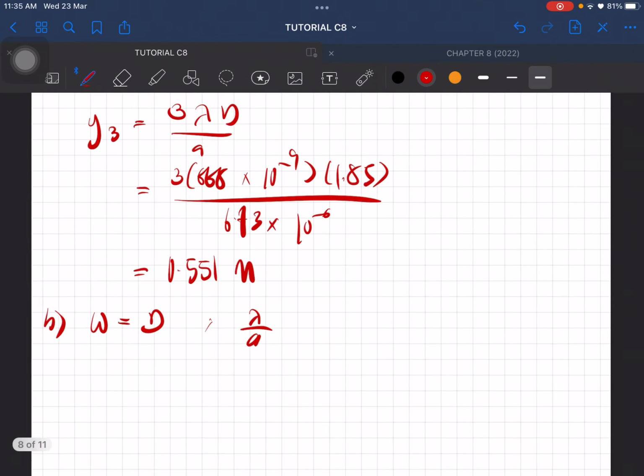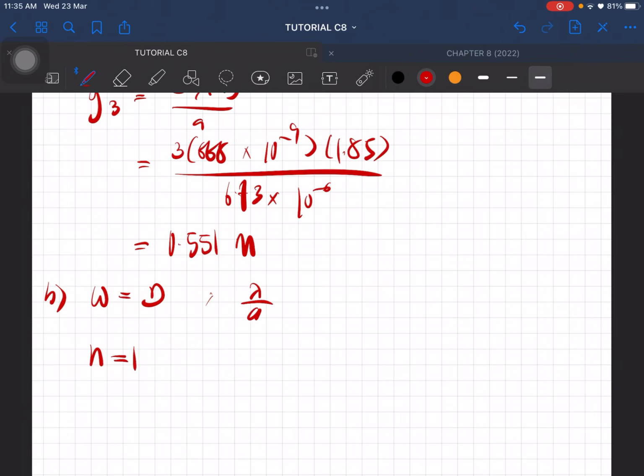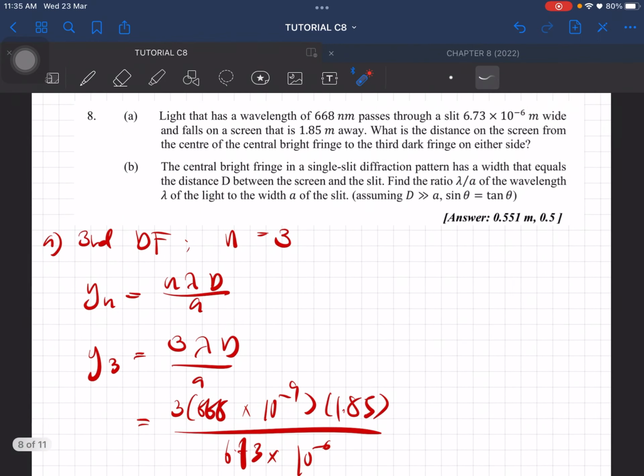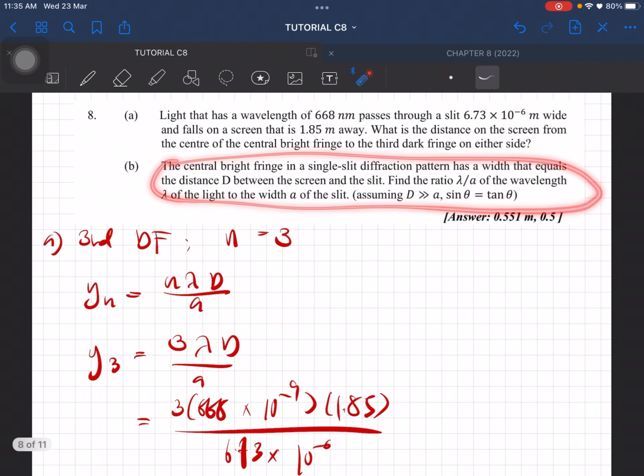So we are going to take n equal to 1. Sometimes if the question doesn't mention what order you should take, you should just write it as 1, just to keep you solving the question. Sometimes when you're confused, you won't continue answering the question, but my tip is just write n equal to 1, because this question doesn't mention what n is.